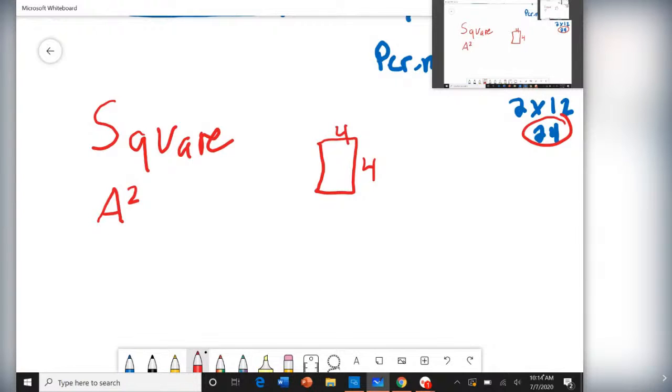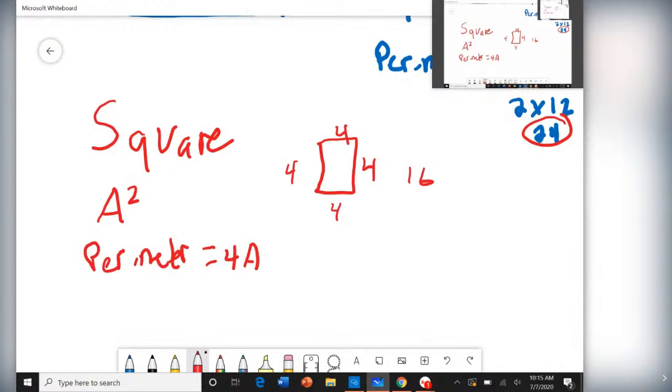It's going to be 4 times 4, which is 16. And the perimeter equals 4a. So it's 4 plus 4 plus 4 plus 4.